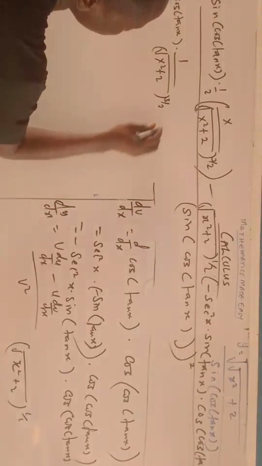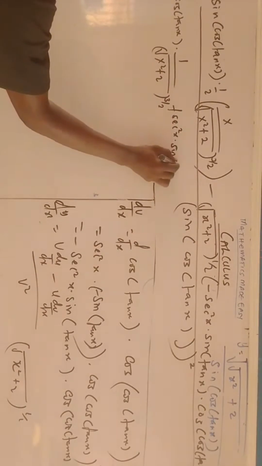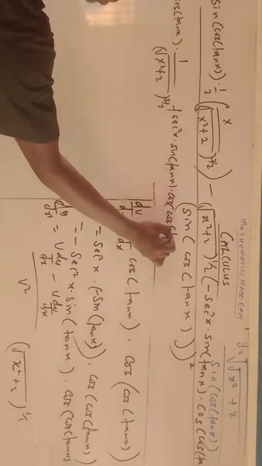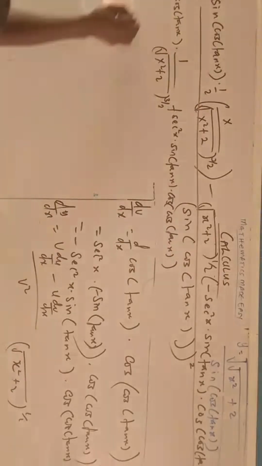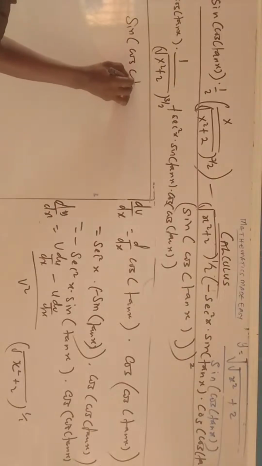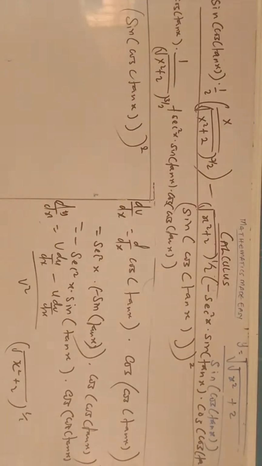Minus times minus will give us plus. So we have plus sec square x multiplied by sine cos tan x. Then everything over v raised to the power of 2, which is sine cos tan x, then raised to the power of 2. So that is the answer to that beautiful question.